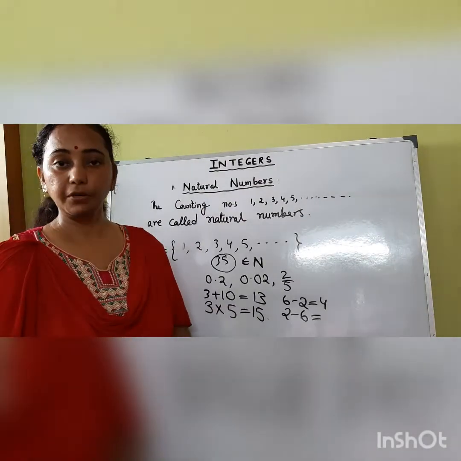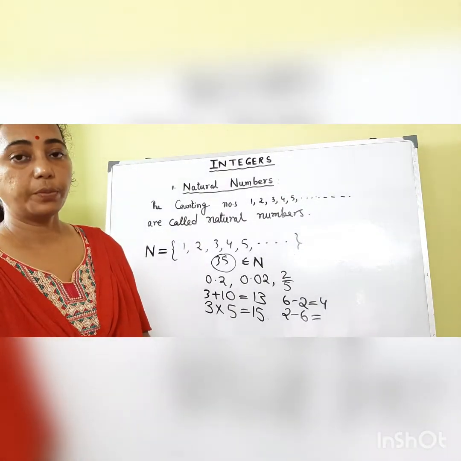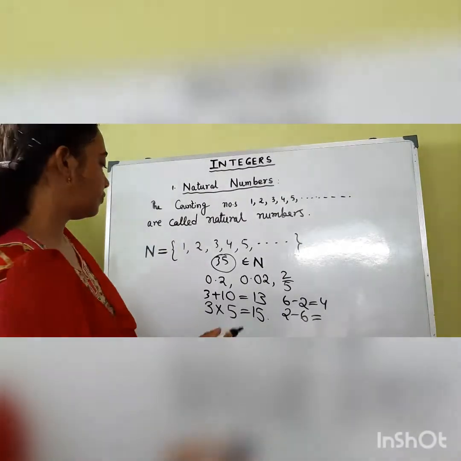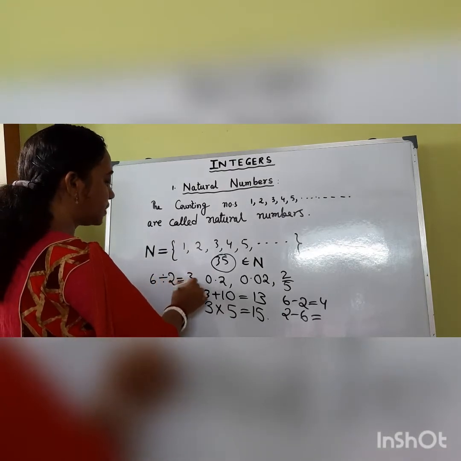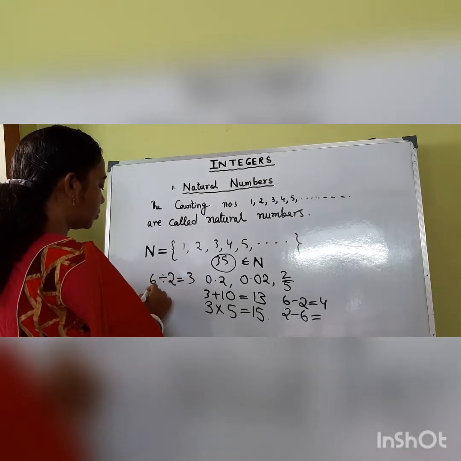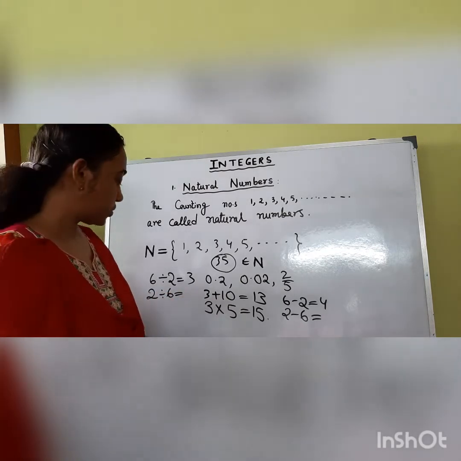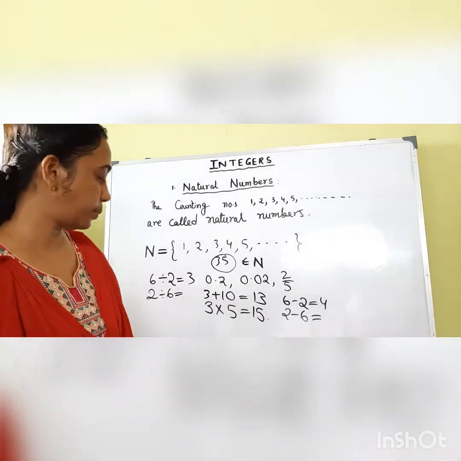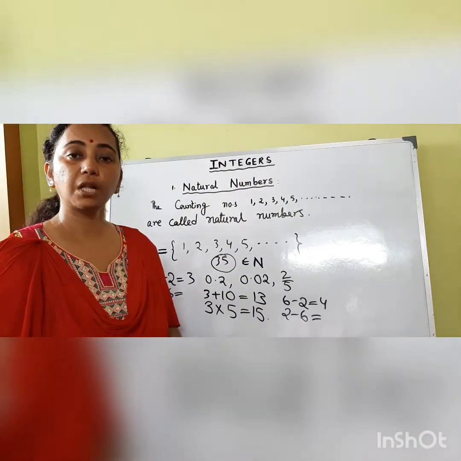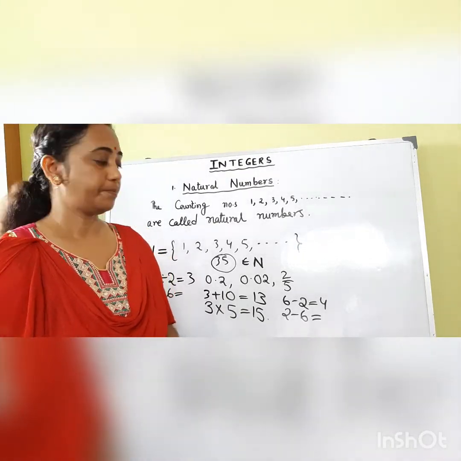Similarly, division of two natural numbers may or may not be a natural number. For example, 6 divided by 2 gives 3, but 2 divided by 6 will not give a natural number. So that is not defined in the set of natural numbers.